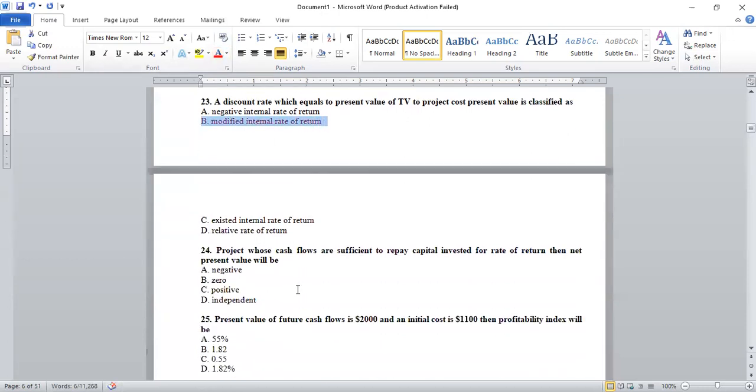Next question. A project whose cash flows are sufficient to repay capital invested and give a rate of return, then net present value will be zero.